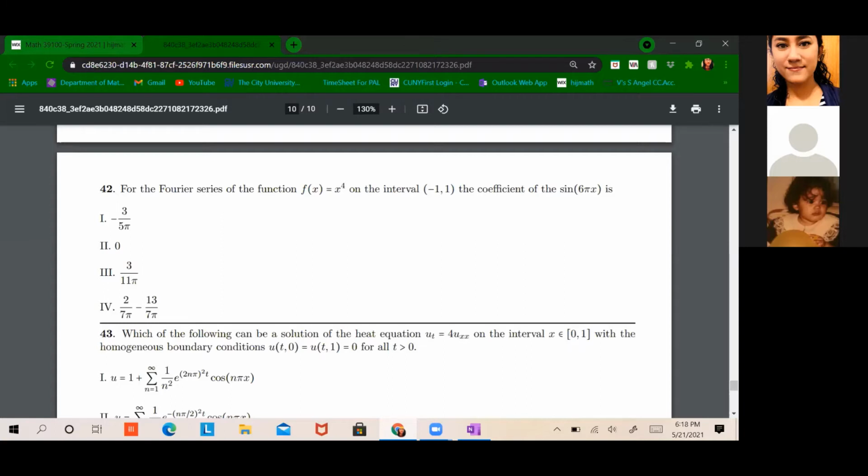So we're looking at an even function, and you're looking for a coefficient of a specific term of bn. But because bn is 0 in general, it doesn't matter which term you're looking at. It's going to be 0 for all n equals 1 to infinity. So you just write one statement of justification for something like this that doesn't require so much work. But you do have to justify it.